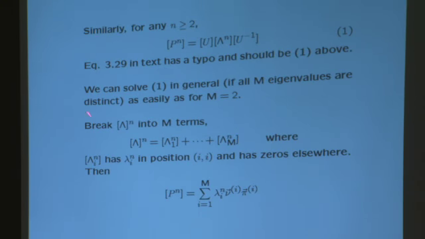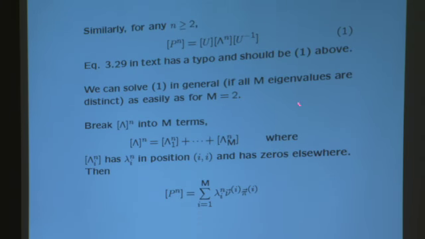Equation 329 in the text has a typo, and it should be this. It's given as u to the minus 1 times lambda to the n times u, which is not at all right. It's probably the worst typo, because if you try to say something from that, you'll get very confused.